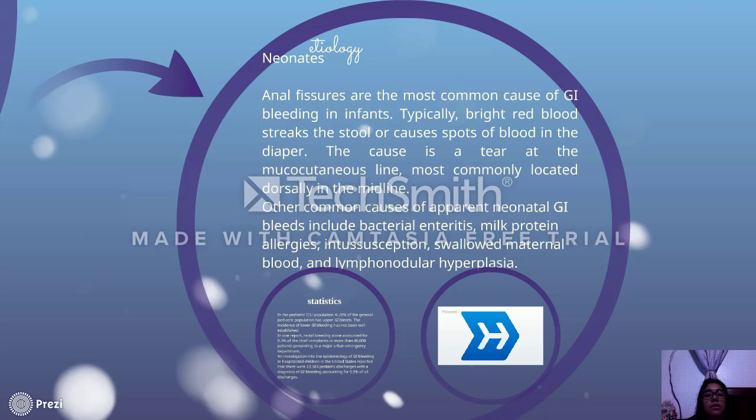Other common causes of apparent neonatal gastrointestinal bleeds include bacterial enteritis, milk protein allergies, intussusception, swallowed maternal blood, and bipolar hyperplasia.